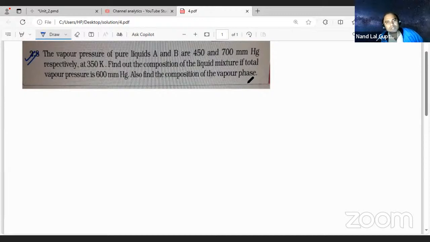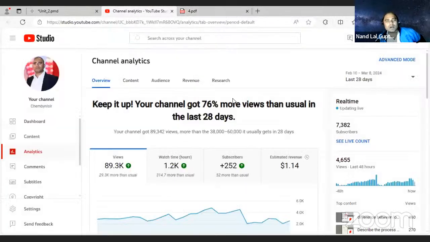Also find the composition in vapor phase. You cannot solve here because the amount is not given. Composition they are asking. So you cannot solve it out. This is the type 2 problem. You see the second one.